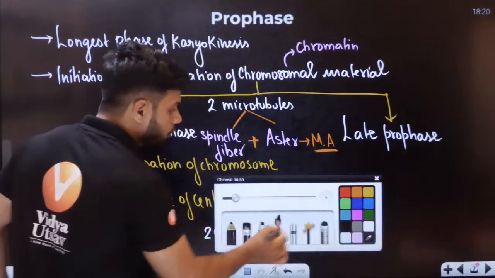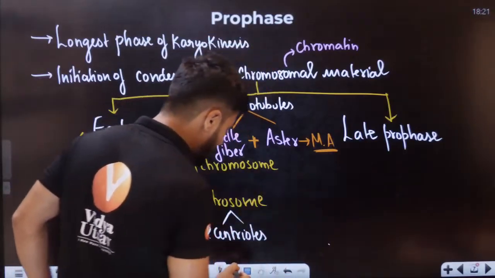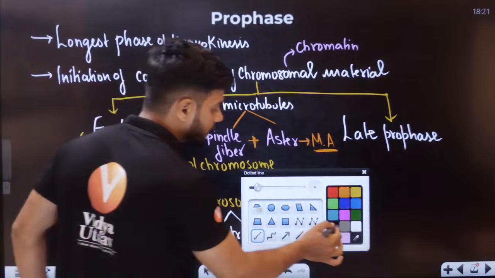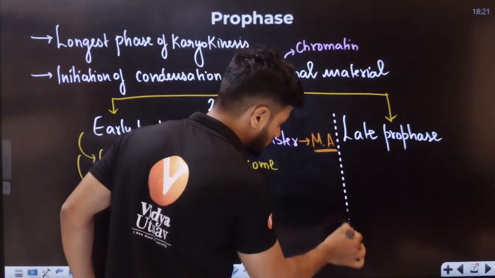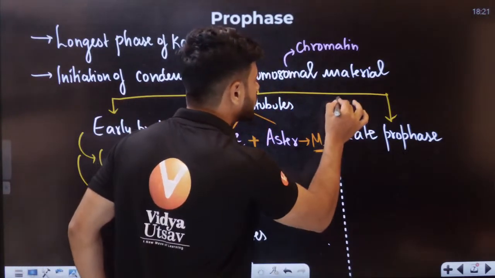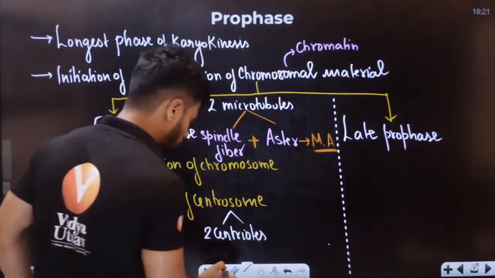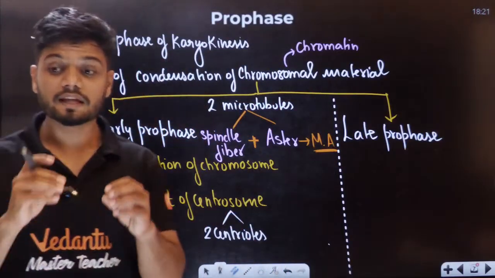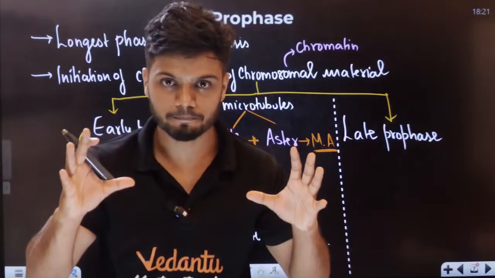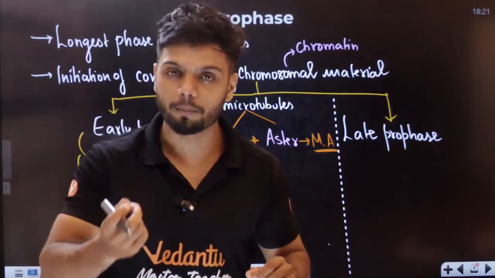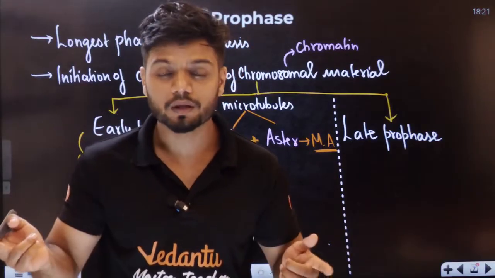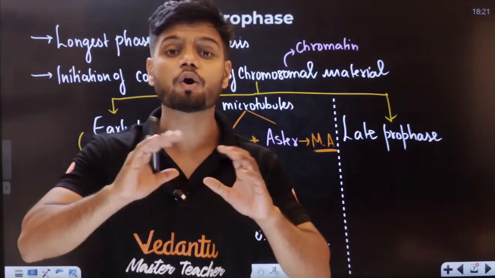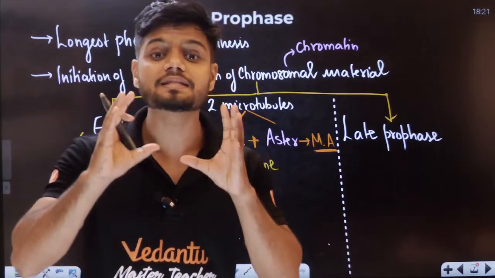Okay. Now, what exactly happens in the case of late prophase? Understand, students. In late prophase, there will be disappearing of the entire Golgi complex, endoplasmic reticulum, nucleolus, and nuclear envelope.